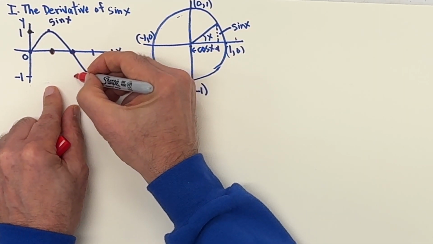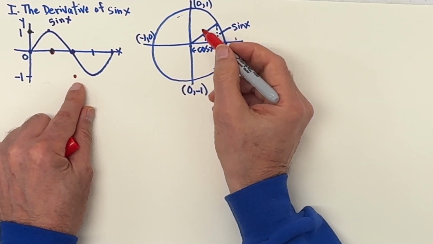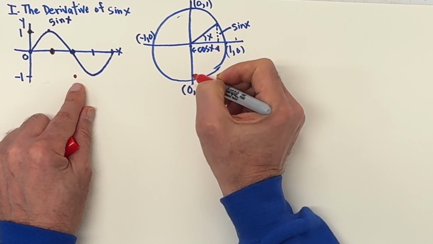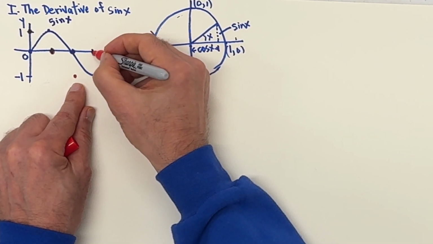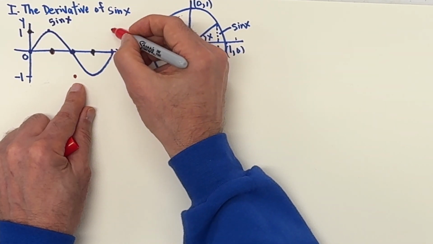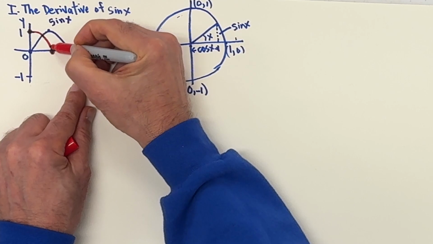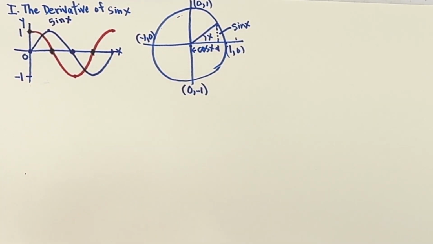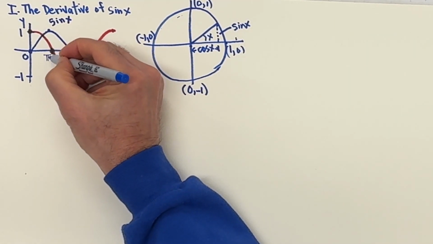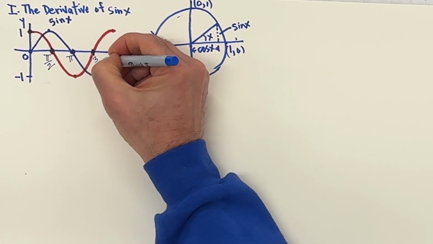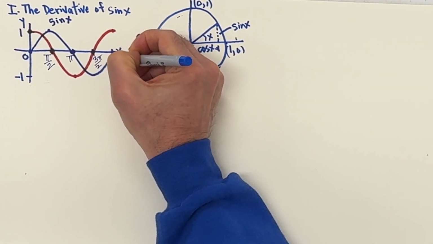That's going to be here at your pi. And then when you swing down, the horizontal component is going to be 0 again. And then when you come back here to 2 pi, you're back to where you started from. So you're basically doing this kind of thing. Now let's put in our pi over 2 here, and our pi here, and our 3/2 pi there, and our 2 pi there.